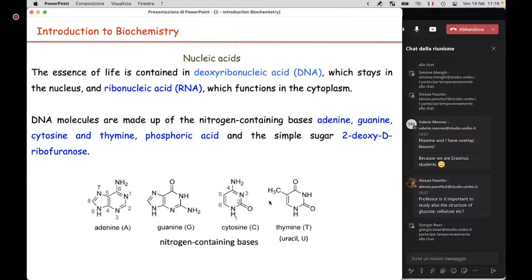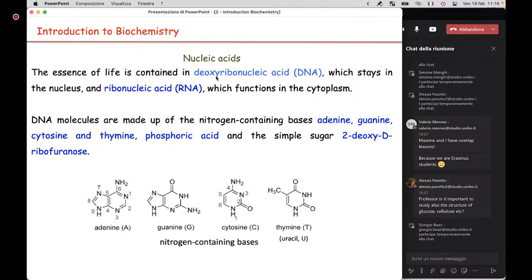Each nitrogen base is bonded to a sugar, which is the deoxyribose, or to be more precise, 2-deoxy-D-ribofuranose. But it is not important.